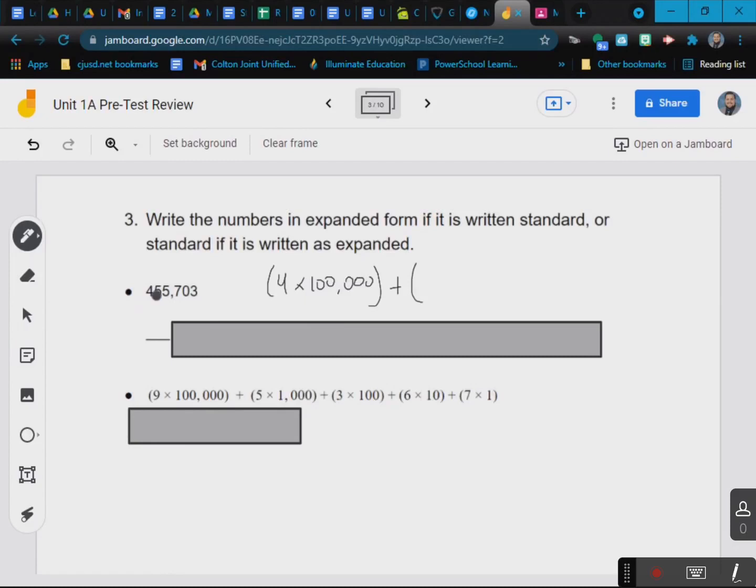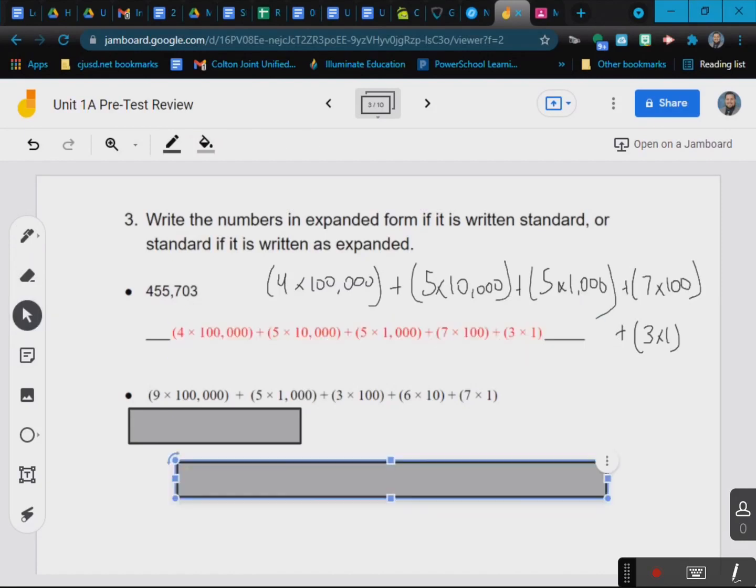Plus the 5 is in the 10,000s place, so 5 times 10,000. And then this 5 is in the 1,000s place, so it's 5 times 1,000. The 7 is in the hundreds place, so it's 7 times 100. And then finally, there's nothing in this place, there's a 0, so we just leave it blank. You get the 3 in the ones place, so it's 3 times 1.